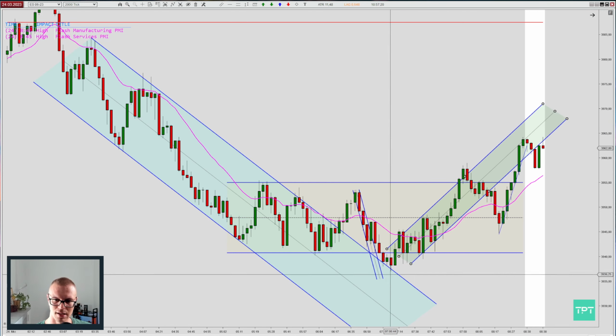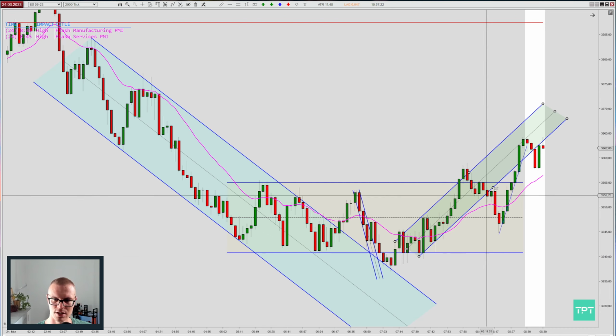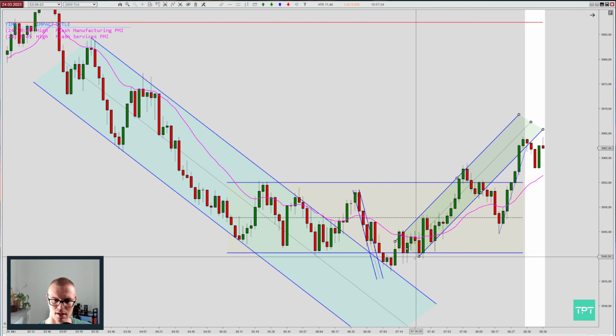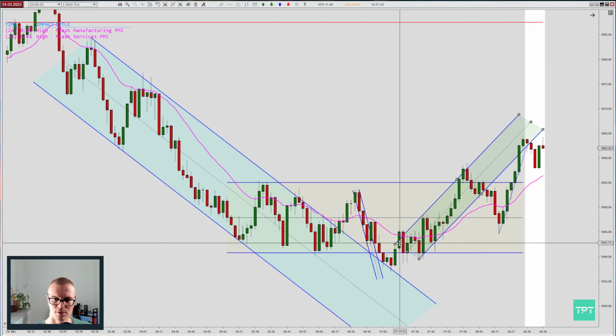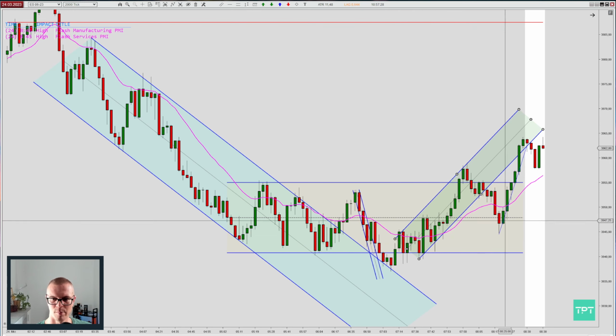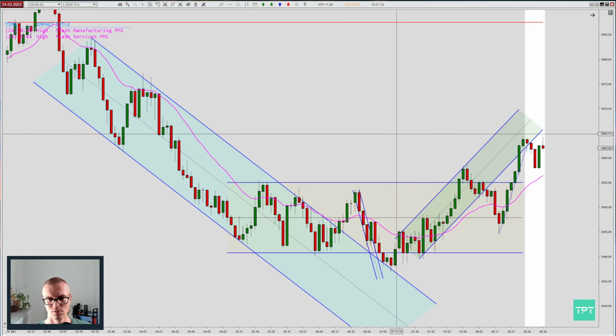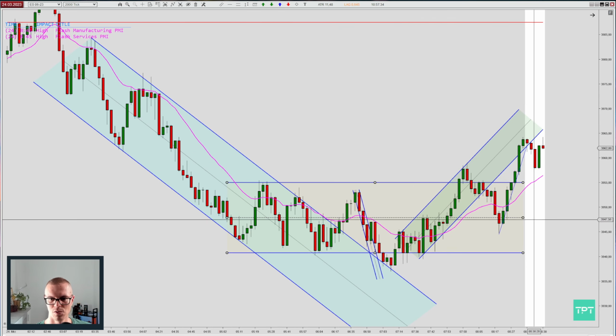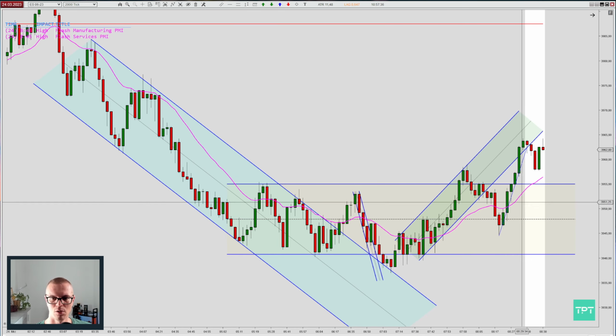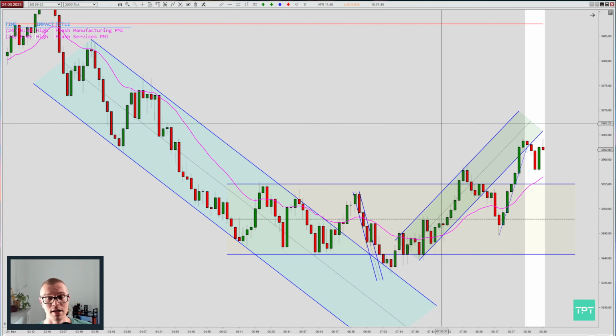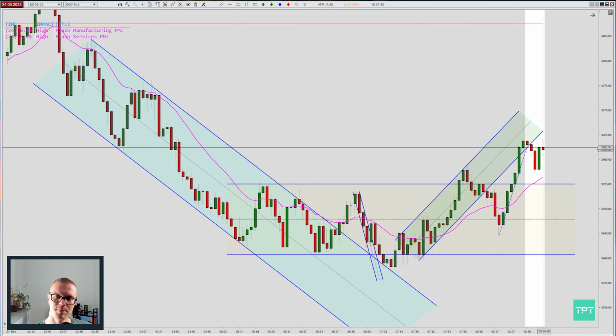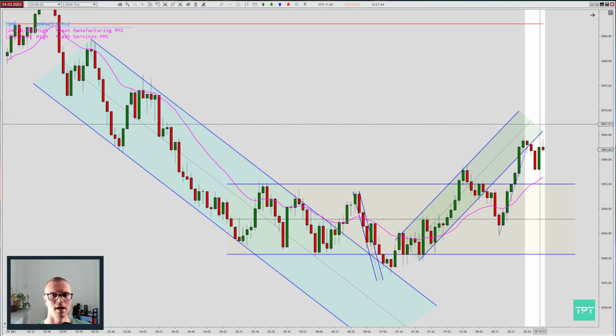Right now I like to change the channel a bit, because I think if we draw it like this with a break and retest of the highs, that's more convenient to play. And also consider we broke out of this range here for the first time, and now we have something very interesting, because you can see prices are forming a lower high here.